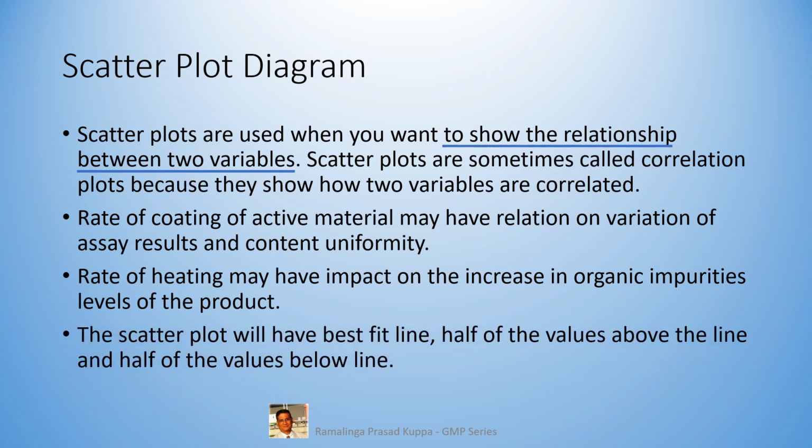The scatter plot will have the best fit line, half of the values above the line and half of the values below the line. So the best fit line will have 50% data points above the line and 50% of the data points below the best fit line.